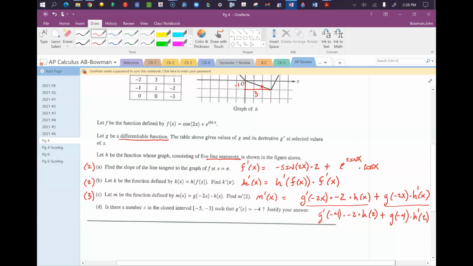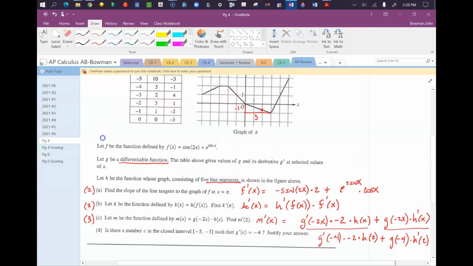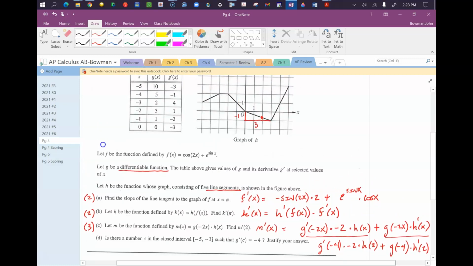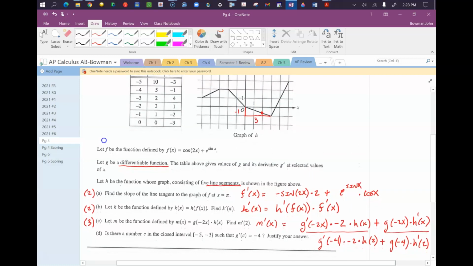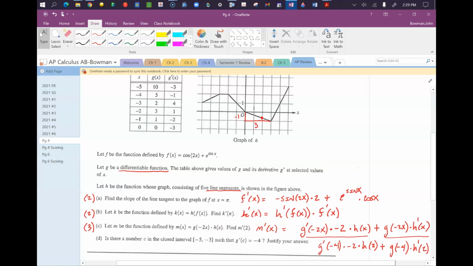And g and g prime values are going to come from the table above. H prime of 2 you actually found earlier because you needed it for part B, and h of 2 you're going to read off the table.